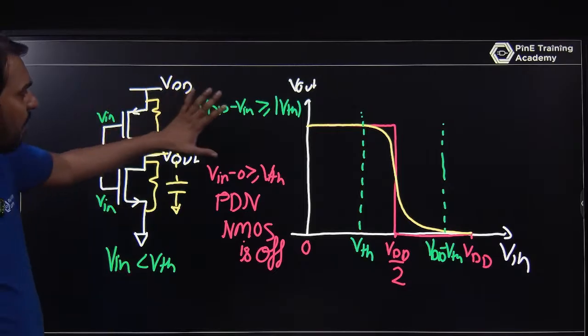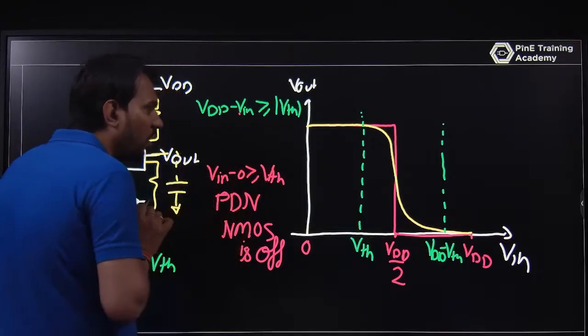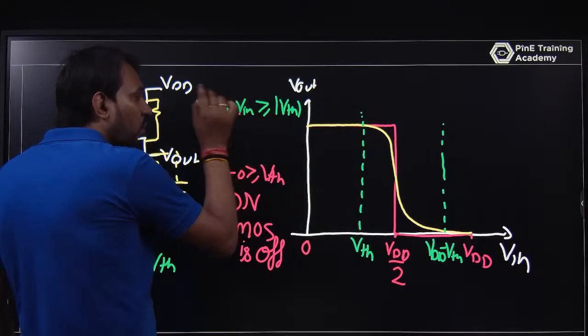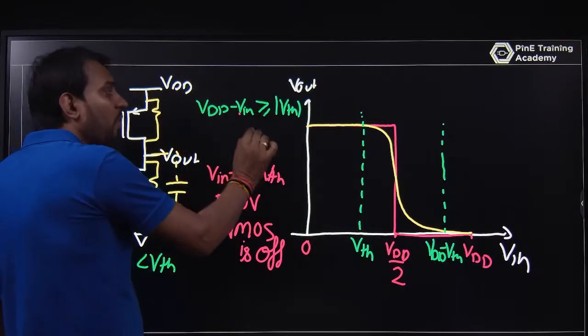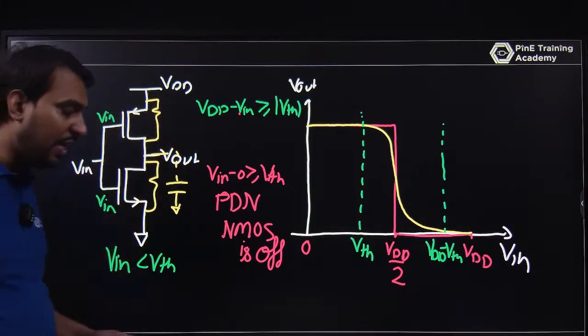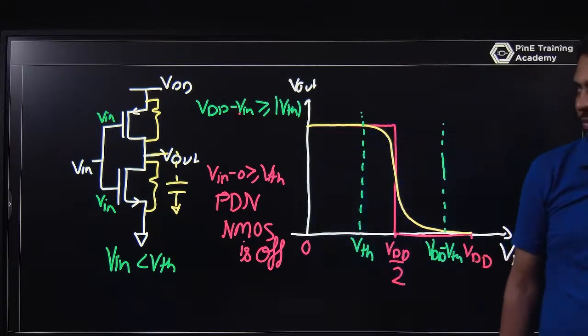With the basic condition VDD minus Vin is greater than or equal to mod VTH, that means VDD minus mod VTH is greater than or equal to mod VTH, then VDD is always greater than that. That means the PMOS is on. And you will check in which region it is on. It may be linear, saturation, or cutoff. Which region should we prefer?